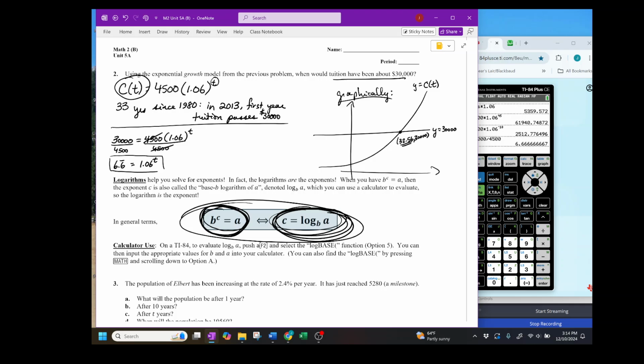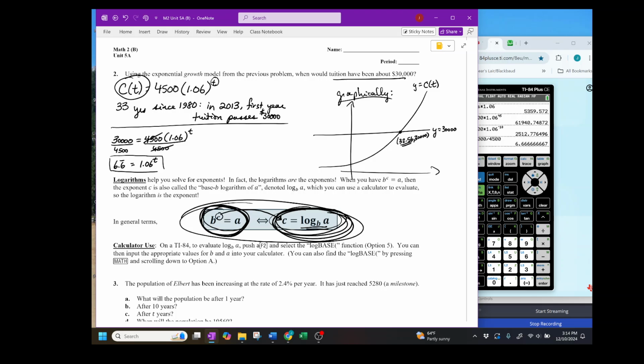If you notice, this exponent gets isolated, and everything else ends up over here. Don't worry about what that log base b of a thing means yet; we'll learn how to say it and how to punch it into a calculator. For now, you just need to know that's what gets you the exponent.